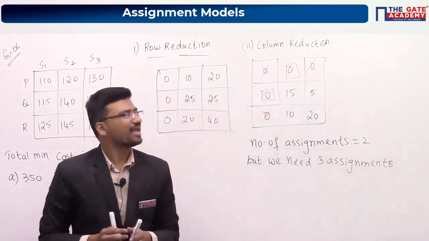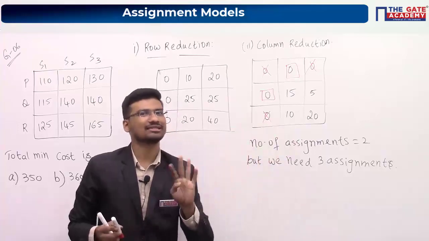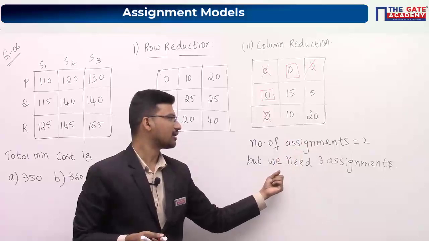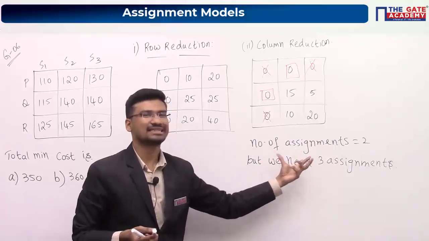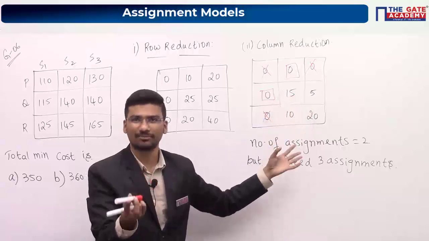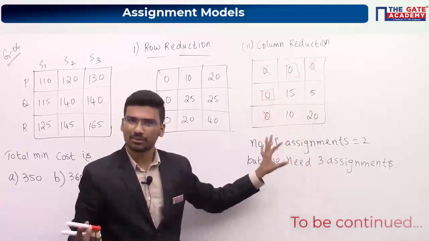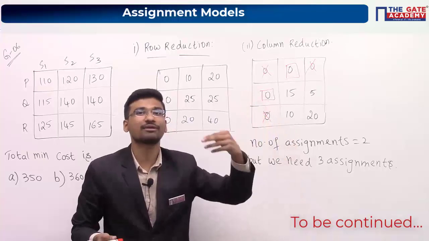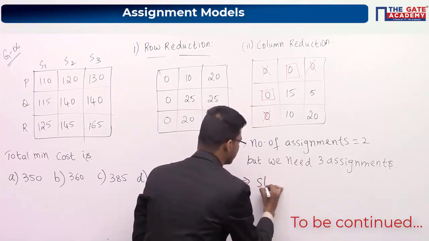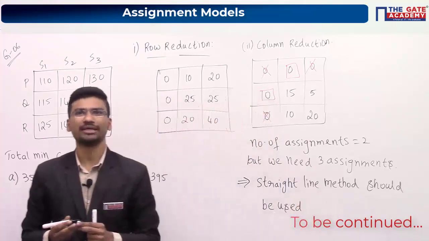That means to make one more assignment, we do not have a 0. So that is the meaning of this. Whenever you face this type of situation, you have to use one more method which is known as the straight line method. The straight line method should be used.